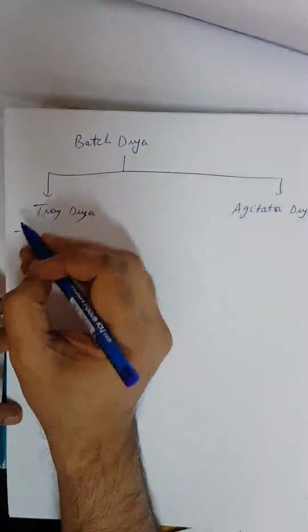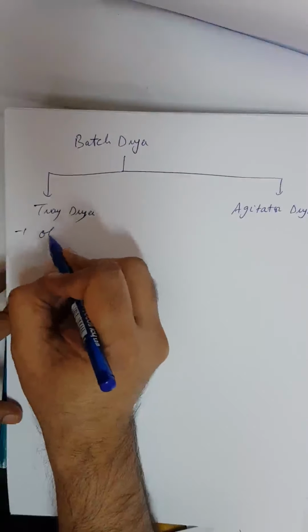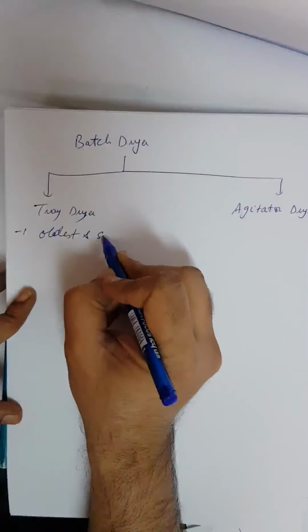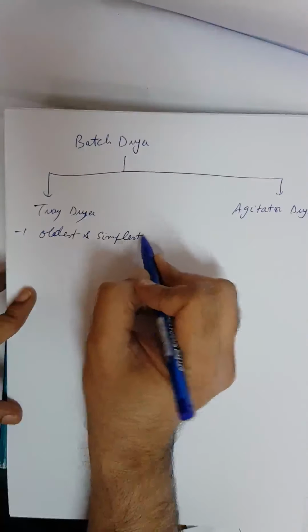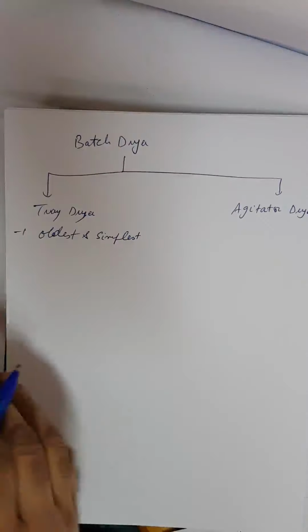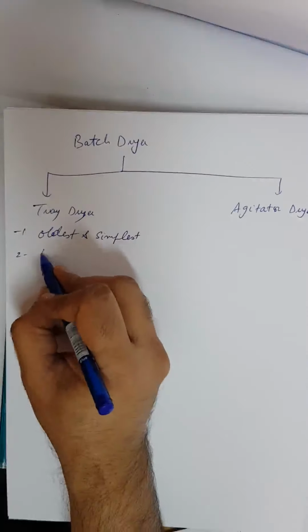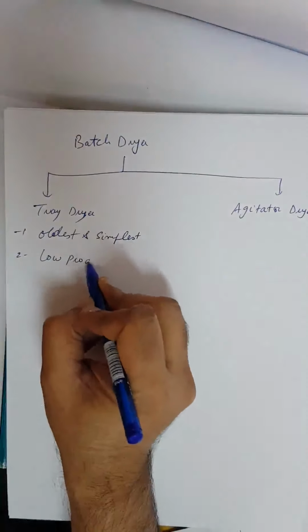Let's talk about the tray dryer. This is the oldest, the first one, and simplest. I'm just giving you a few points so that you can distinguish between them, but you can see the detailed diagrams in my lecture notes, how they look. Of course, it's a batch, so low production.